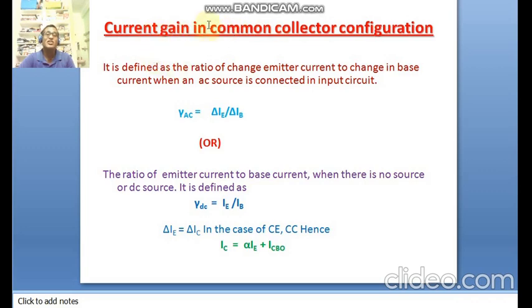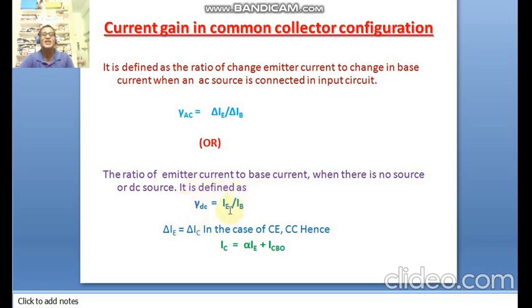In this common collector configuration, current gain is represented with gamma. If an AC source is connected in the input, then the gain is represented with gamma AC. Mathematically it can be written as delta IE by delta IB. Similarly, if there is no source or a DC source is connected in the input circuit, then that is represented by gamma DC.